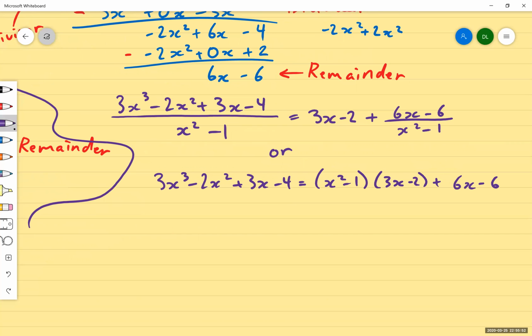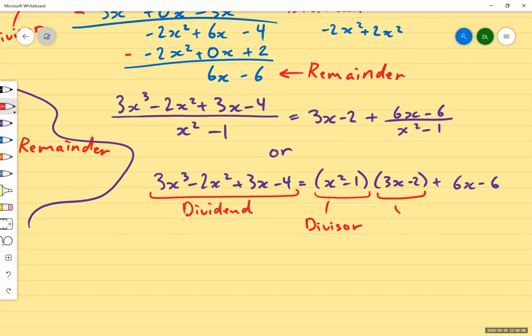Just to clarify, this is my dividend. This is my divisor. This is my quotient. And my remainder.